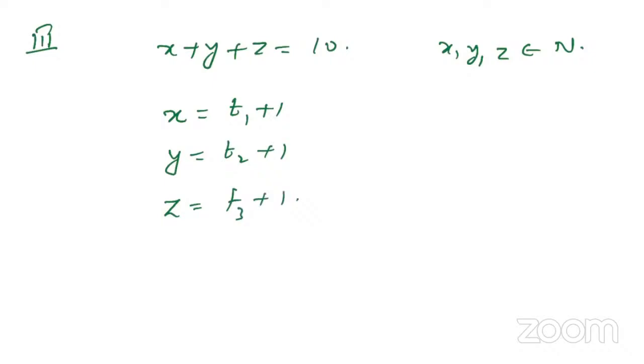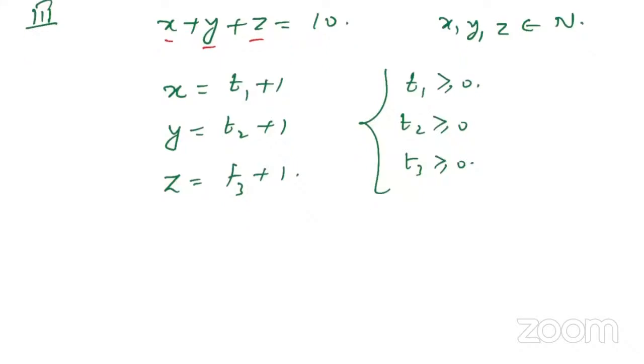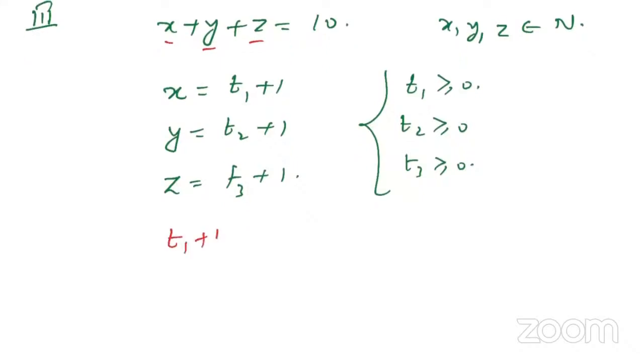So if x is t1 plus 1, then t1 must be greater than or equal to 0, t2 must be greater than or equal to 0, t3 must be greater than or equal to 0, right? These three cases are there. If in place of x, y, and z I put t1 plus 1, t2 plus 1, and t3 plus 1, I get t1 plus t2 plus t3 is equal to 7, and t1, t2, t3 are whole numbers.